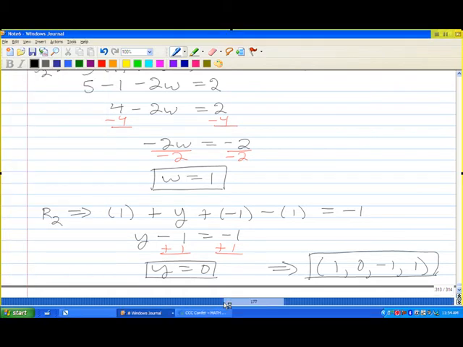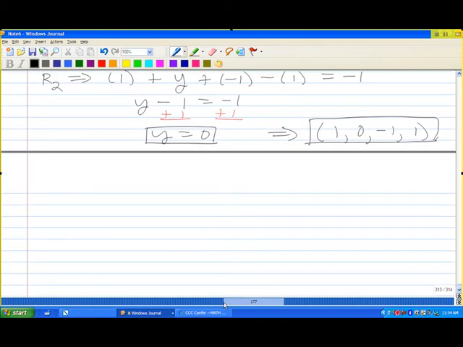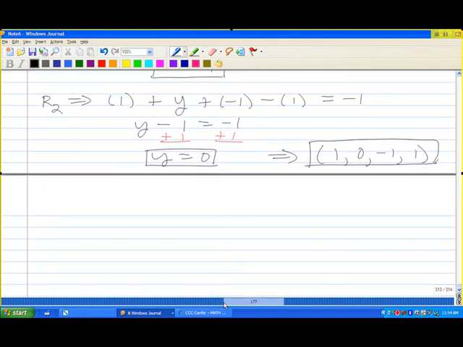Let me do problem 46. So in this case, I'm going to be looking at these homogeneous equations. And so in exercises 34 through 50, solve the homogeneous system of equations. Okay, so let's do that.